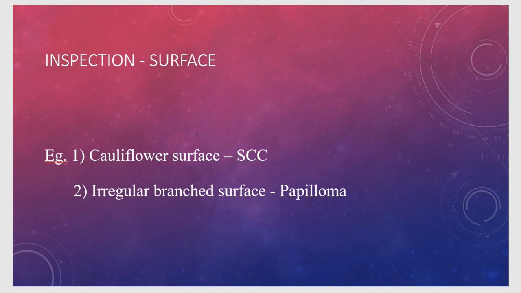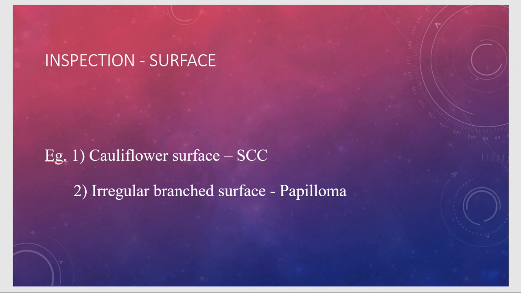For a few of the swellings, only by observing the surface we can say, okay, this could be this. Like if the surface is similar to a cauliflower, it could be a squamous cell carcinoma.